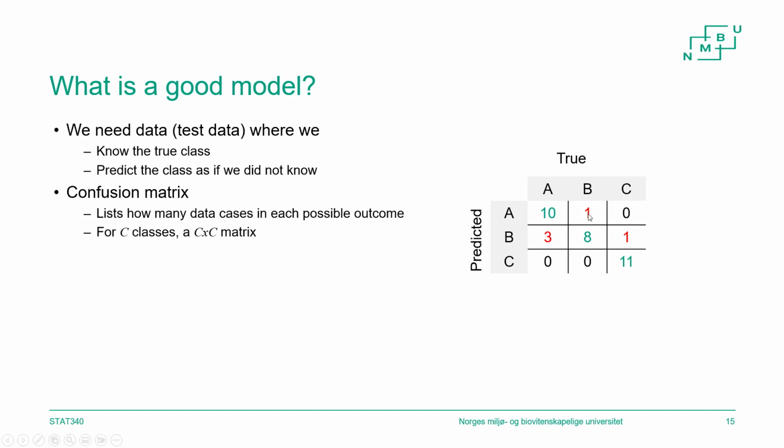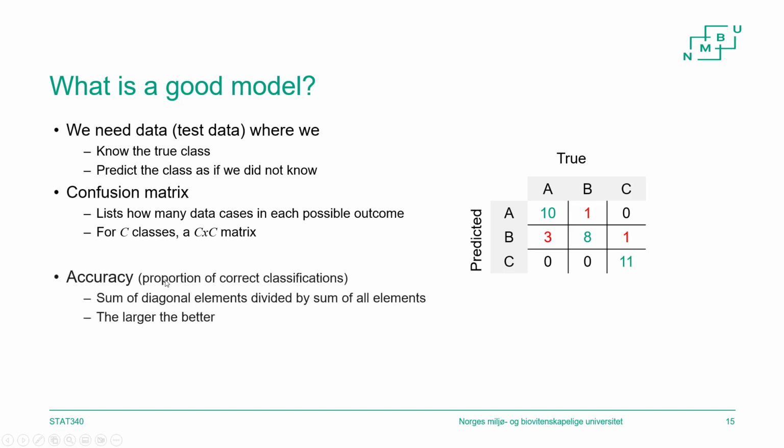So we can see here in one case, this observation is actually of class B, but it's classified as A, predicted as A. So this is wrong, right? And here we have 3 mistakes. They are actually A's, but they are predicted to be B's. So here we make some big misses, more mistakes, right? And then we have another mistake here, and in C we never make a mistake. So all the predictions of C are correct.